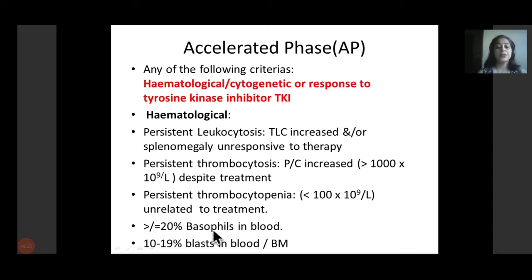Also, there is an increase in the basophils and or eosinophils in the blood, which is equal to more than 20%, and the blast percentage compared to CP is 10 to 19%. Please remember all these criteria.